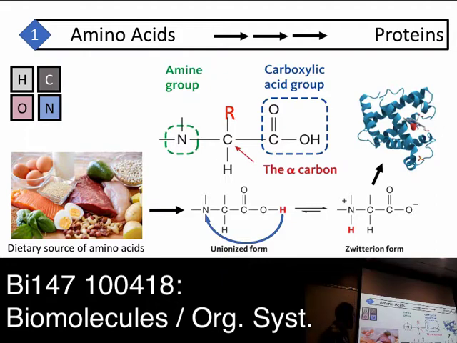And then the foods that we eat that are sources, all kinds of animal products are protein. So egg whites, actually egg yolks, but egg whites are all protein. Fish, nuts.